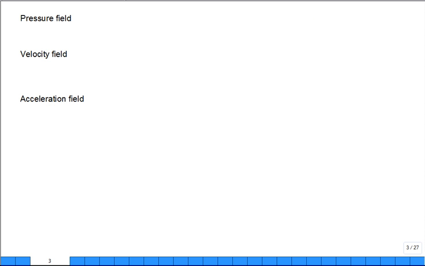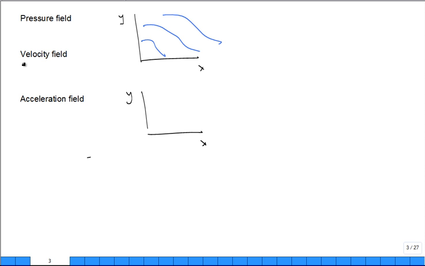Now we talk about pressure field, velocity field and acceleration field. I already described this, but let's say in an XY coordinate system, the pressure field, the way you show it typically is lines of constant pressure. It's a scalar field. On maybe the same grid but a different plot, you have the velocity field.